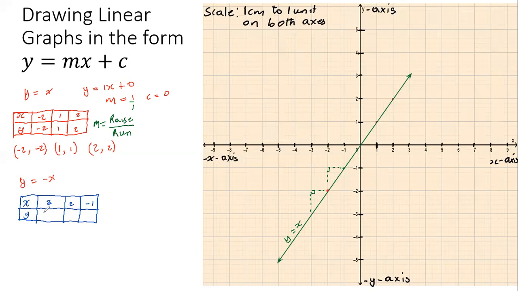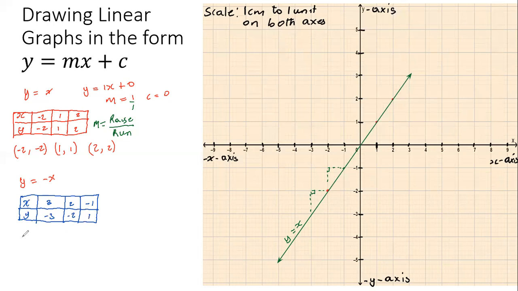So all we're going to do is just negate these values, right? So if x is 3, then y has to be -3. If x is 2, then y has to be -2. If x is -1, then y has to be +1. All right?